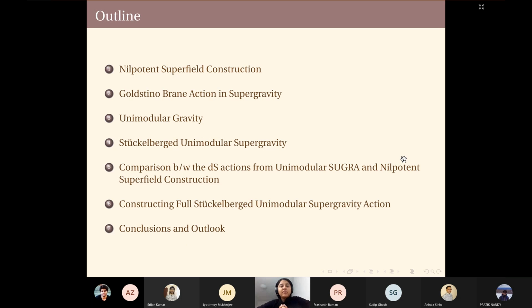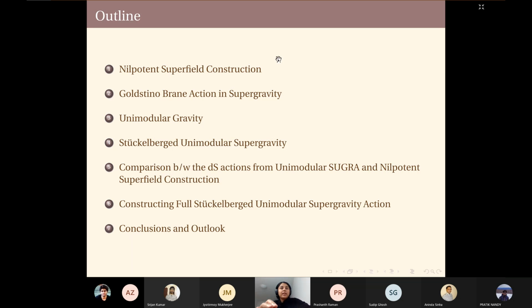So here's a brief outline of the things that I'll be talking about. First, I'll give a brief description of the first type of action that was constructed for pure dS supergravity by Bergshoeff and collaborators, and then by the second group, Bandos and collaborators. Then I will talk about the third type of action, which was constructed by my collaborators. But to explain it well, I'll first give a description of a simpler case of unimodular gravity.